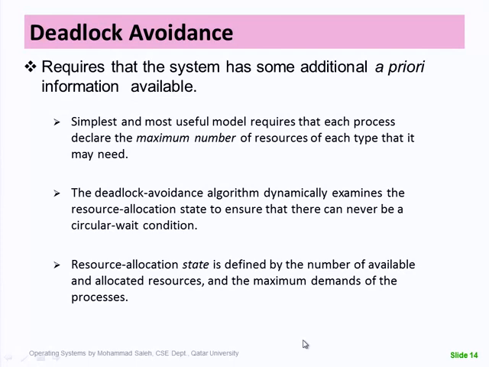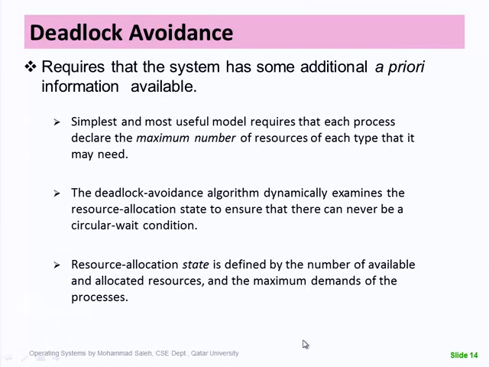Basically, the data needed from the processes is the type and number of resources needed by each process before it starts. We are not going to allocate it, but we need to know it. For each process, what type of resources it needs, and how many instances of each resource at maximum for each one of the processes.